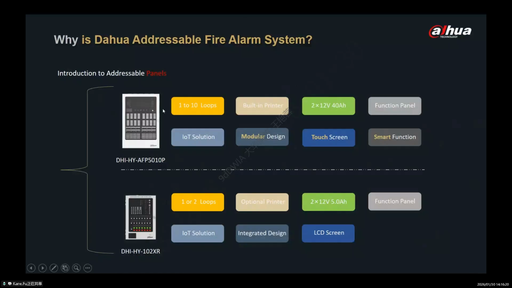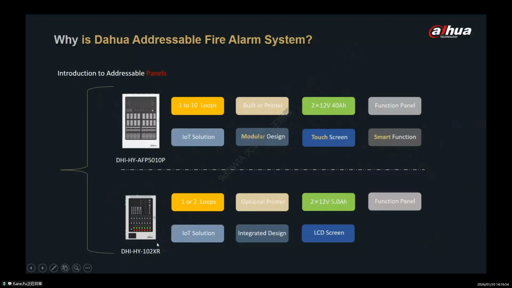The first one has a loop number from 1 to 10 loops, which can be extended by loop cards, with a built-in printer and compatible battery of 40Ah, and also with a selectable function panel. The panel supports IoT solutions, modular design, and a full touch screen, 10-inch, with some smart functions I will introduce later.